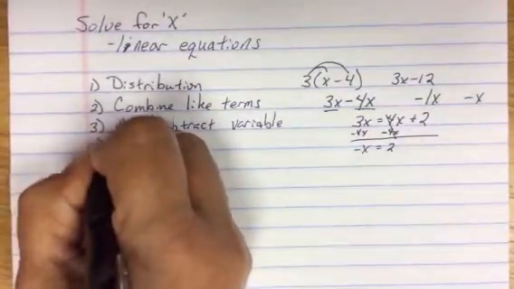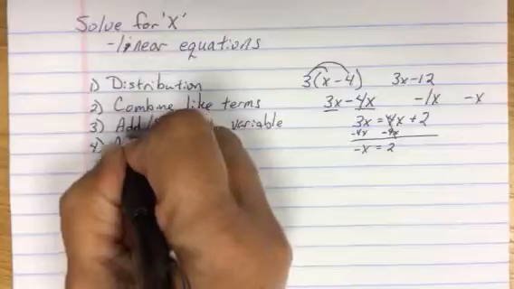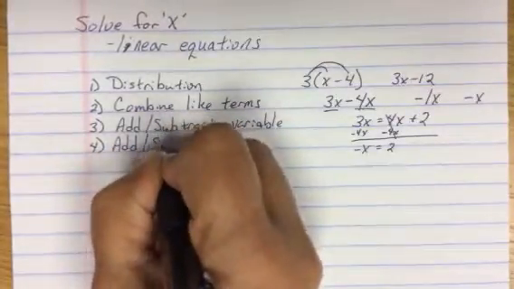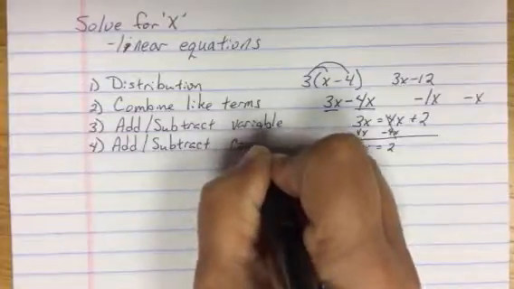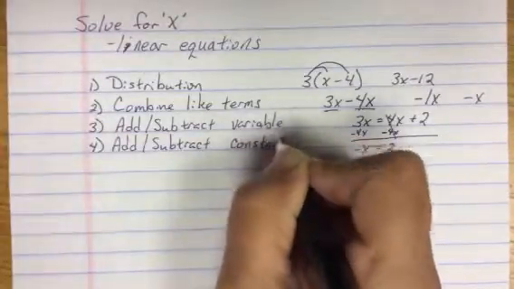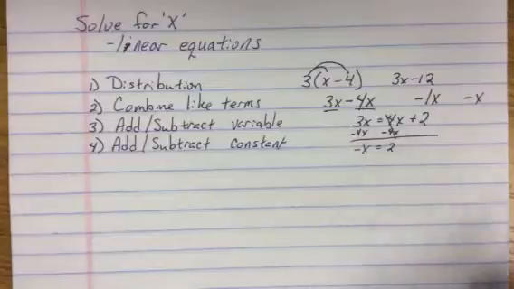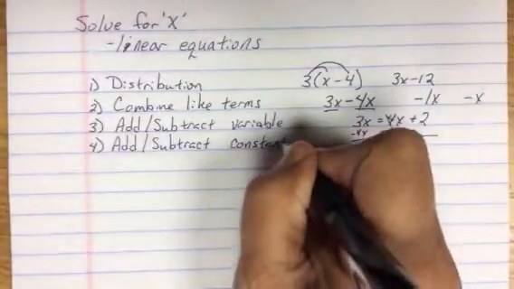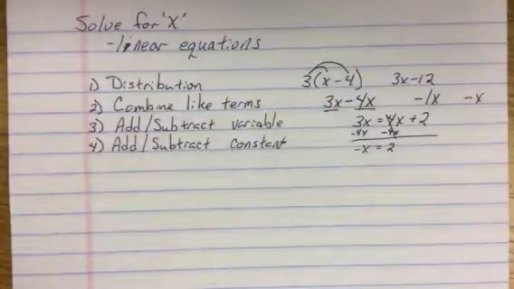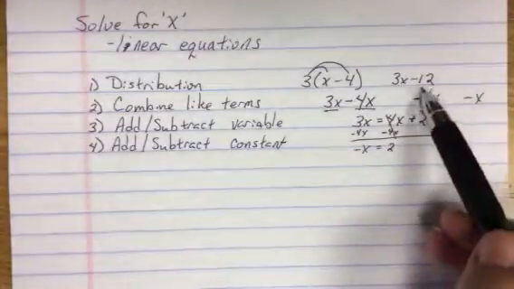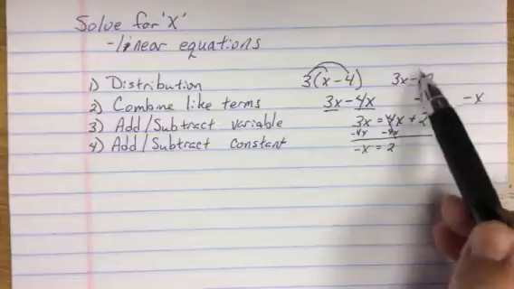Step 4 is add and subtract the constant. When you're adding, subtracting constants, that's the number without the letters with it. So this 12 here would be a constant.